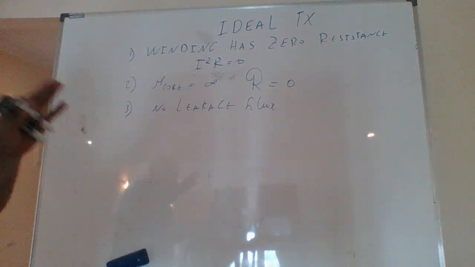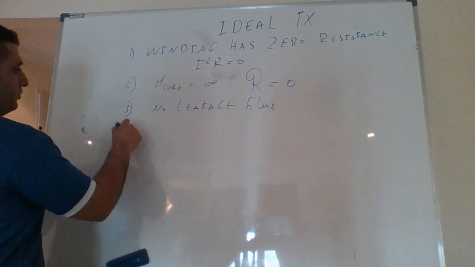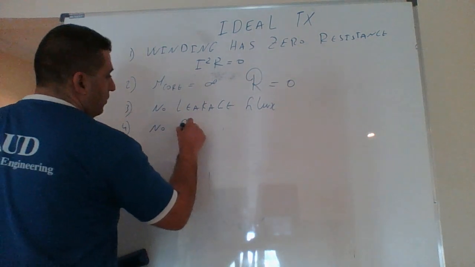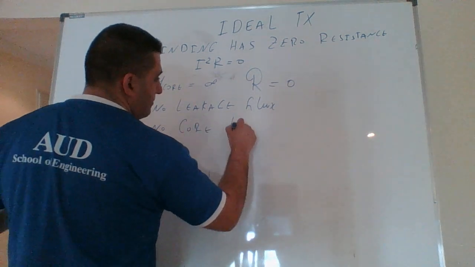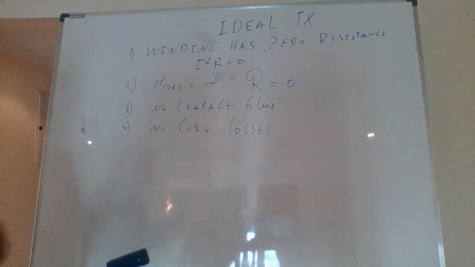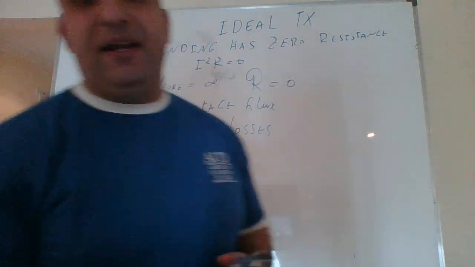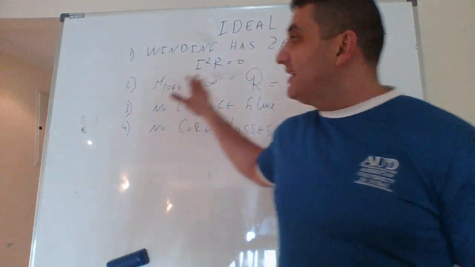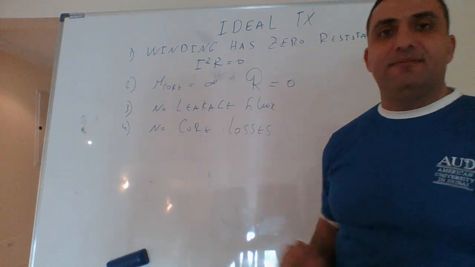That's the third one. The fourth one, which is most important, I have no core losses. These are the four conditions that define an ideal transformer.